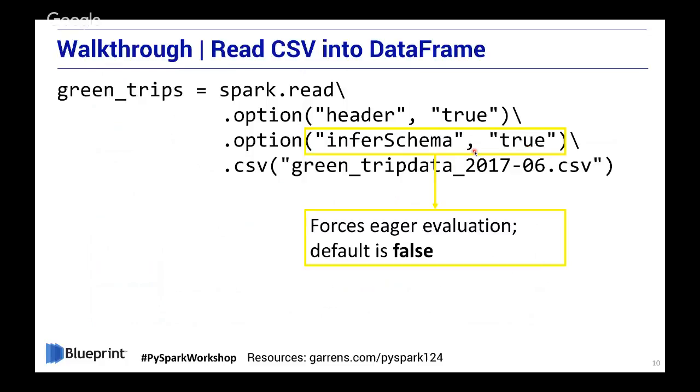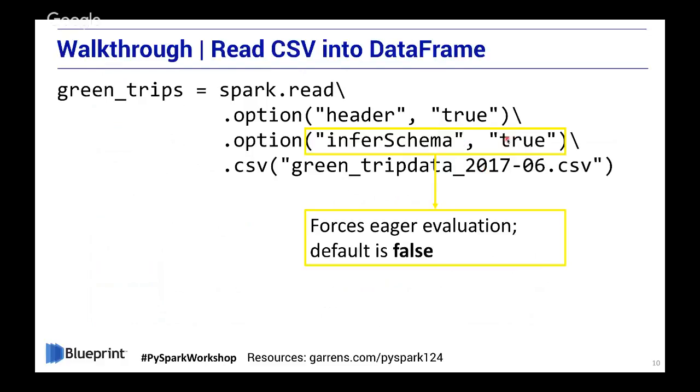But what we're doing here, normally this would be considered a lazy action. We're just telling Spark, hey, I want you to go to this file, make sure that this file exists, and just go read it. But we're not actually telling it to do the reading normally, because when the infer schema flag is false, it just assumes that every field in this file, every column, is a string.